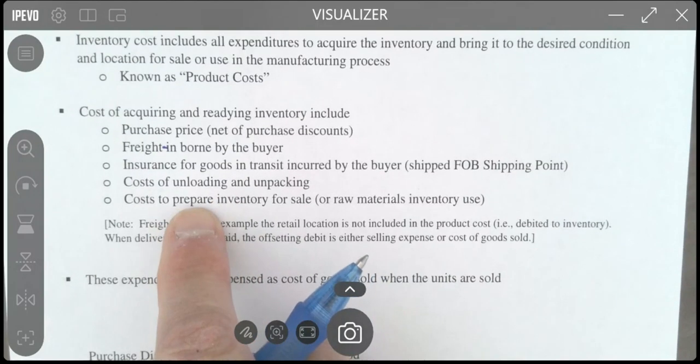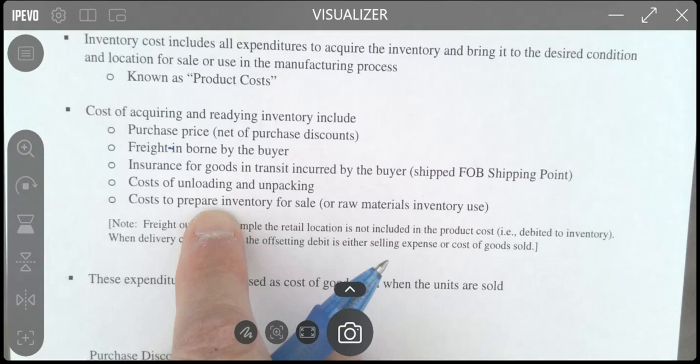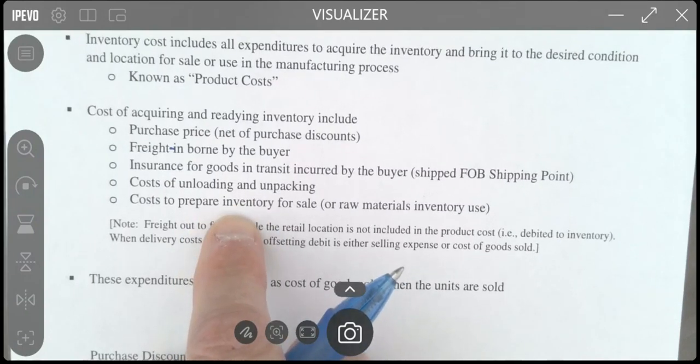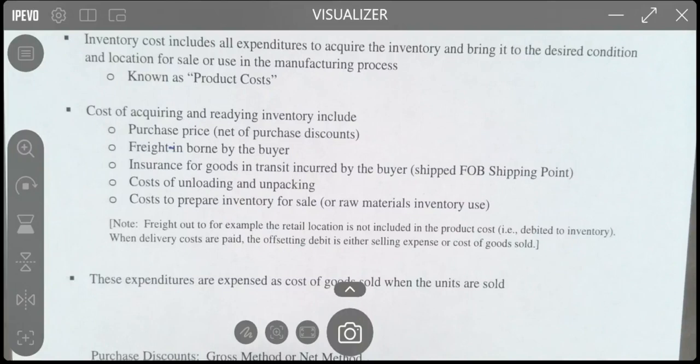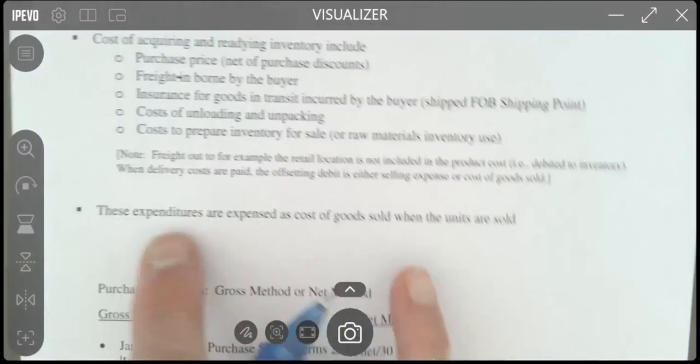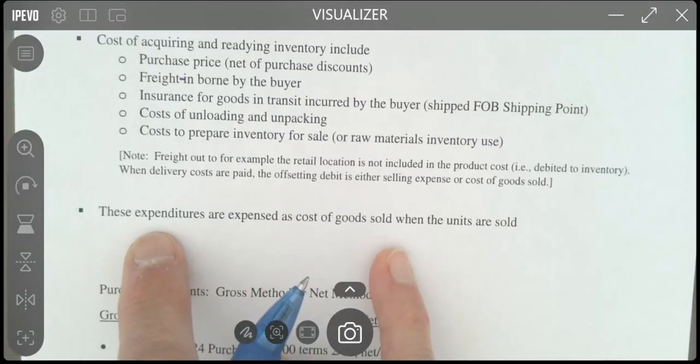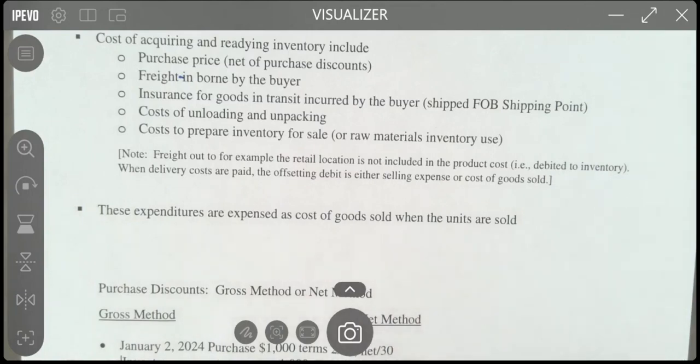That cost to specialize that good for this particular sale will be part of the inventory cost, and then we'll include it in the sales price. And then again, all of these expenditures are expensed as costs of goods sold when the units are sold.